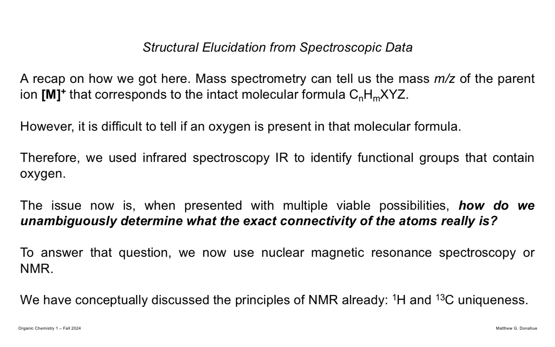Oxygen's hard to tell from mass spec, so that's why we started learning IR spectroscopy. But now there's ambiguity about what that carbonyl group could belong to. And so to get the exact connectivity of carbon to carbon, carbon to hydrogen, we're going to use NMR spectroscopy.